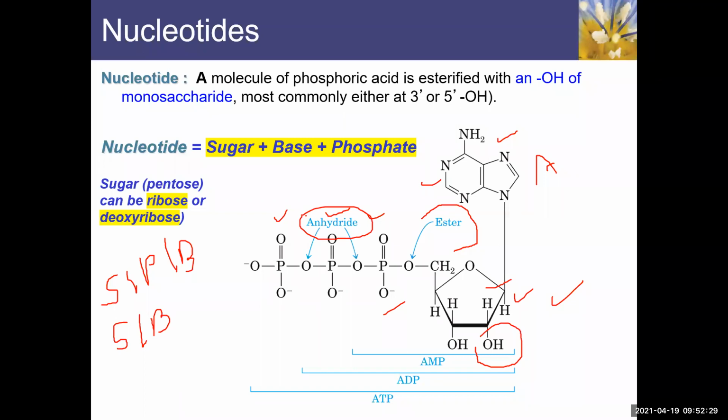ATP has three phosphates, ADP has two phosphates, and AMP has only one phosphate. If ATP is broken and forms AMP, how many phosphorylation reactions do we need to recharge AMP, adenosine monophosphate, to ATP, adenosine triphosphate?